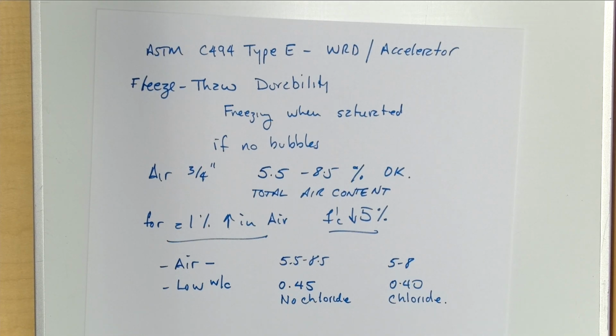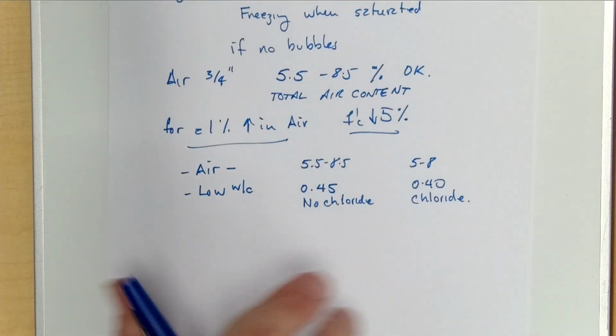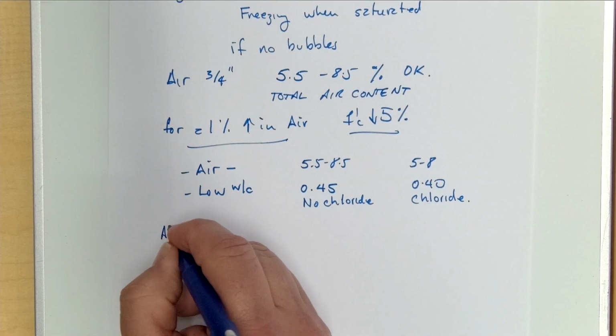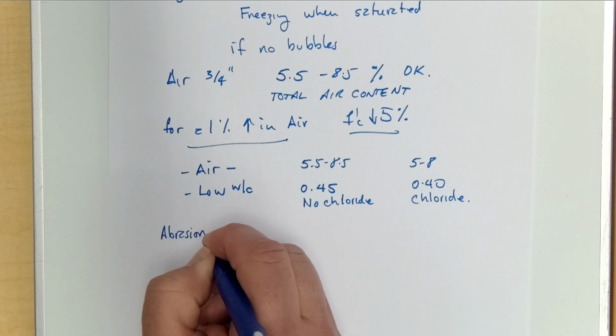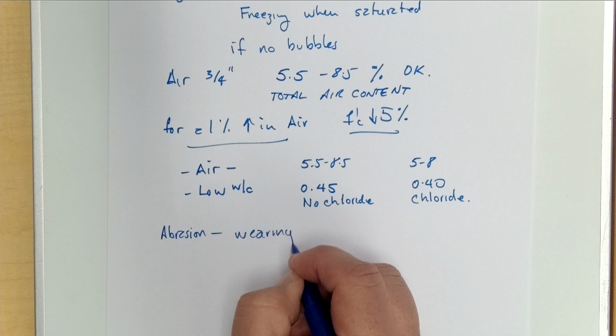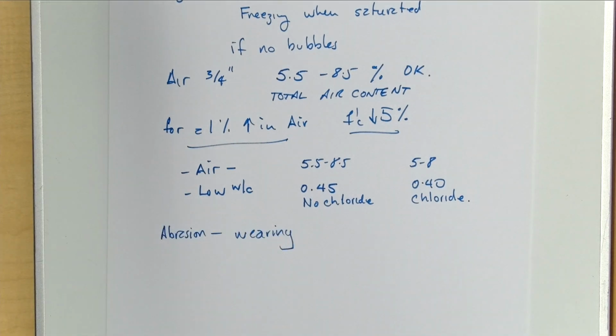What else do we have in terms of durability? How about abrasion? We can wear our concrete away, right? If we scrape things across it all the time or we run rubber tires across it, we're going to continuously abrade that concrete. So surface abrasion is controlled with the water to cement ratio.